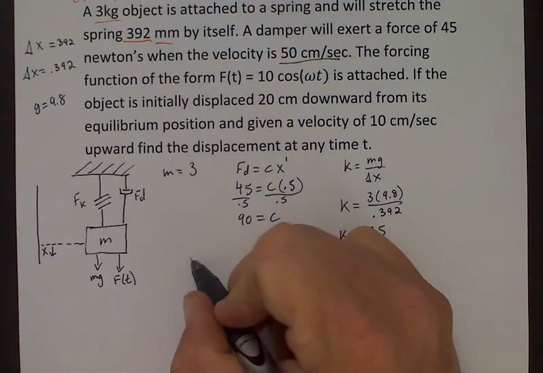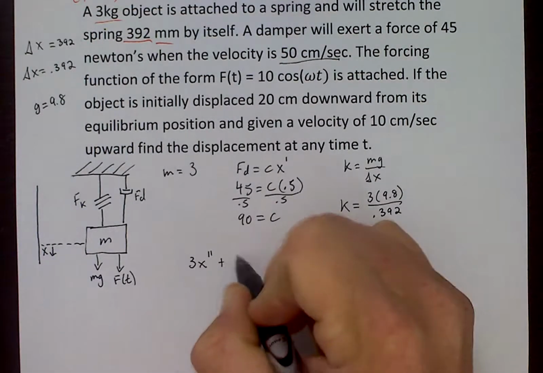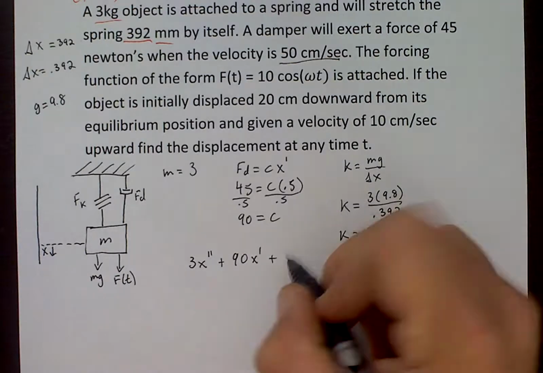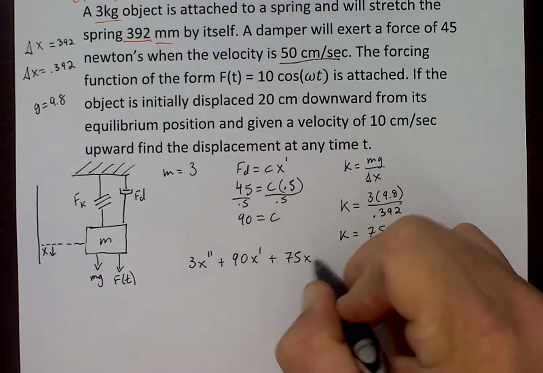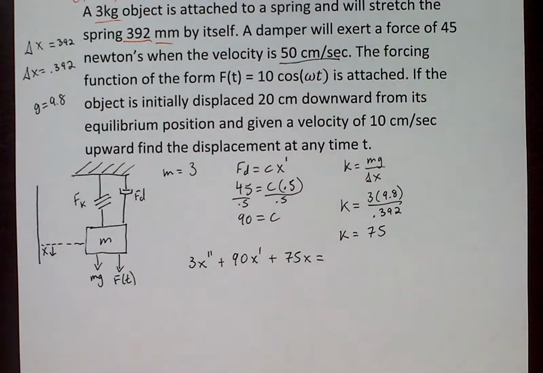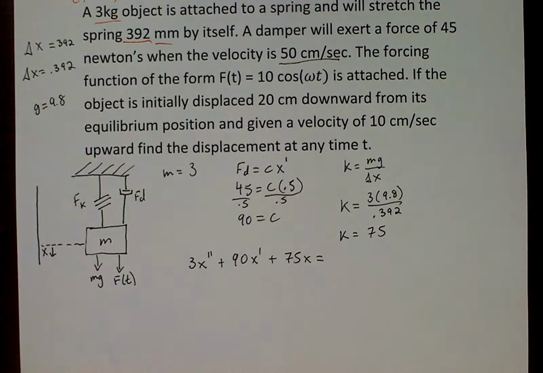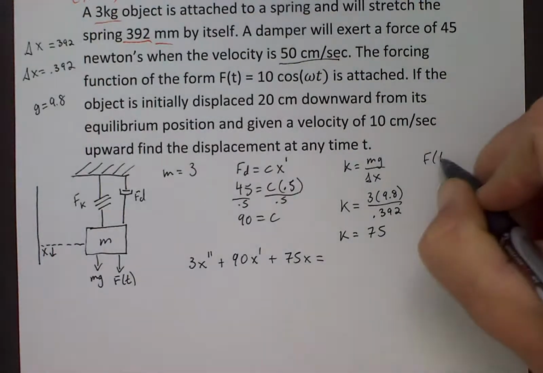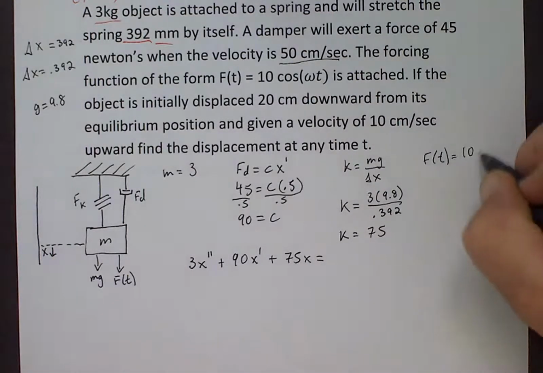So far we have this equation. And remember that's equal to f of t. But before we can continue with f of t, we need to redefine it. So f of t is equal to 10 cosine wt.